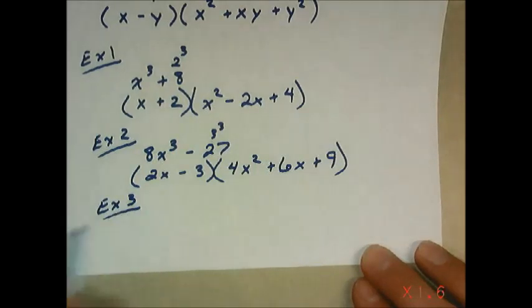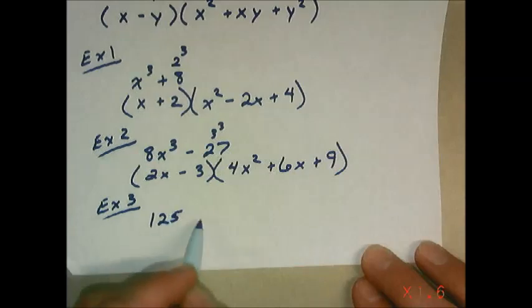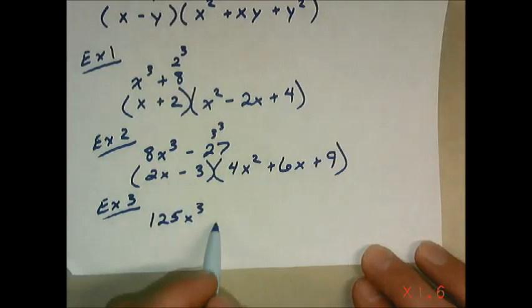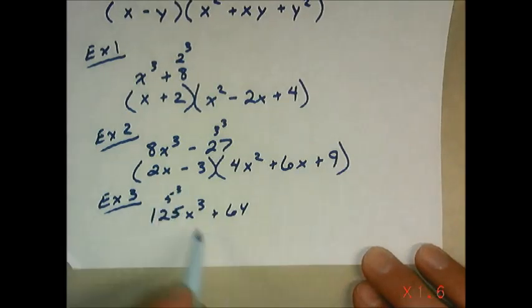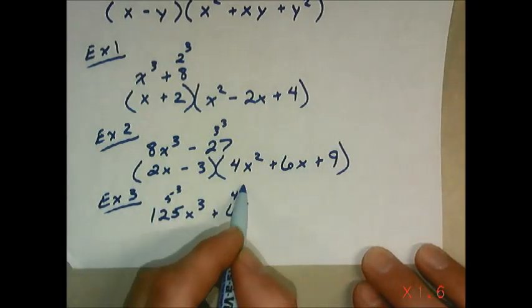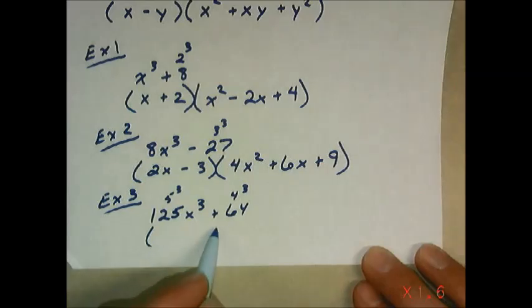And let's do one more example. Let's do 125x to the third plus 64. Here 125 is 5 to the third, 64 is 4 to the third. So our factorization is 5x plus 4.